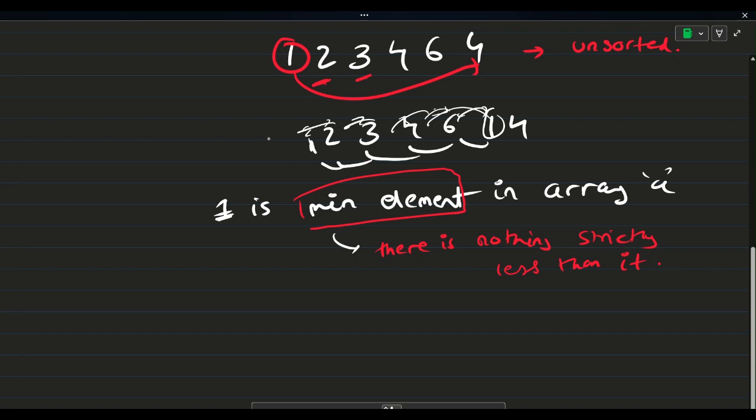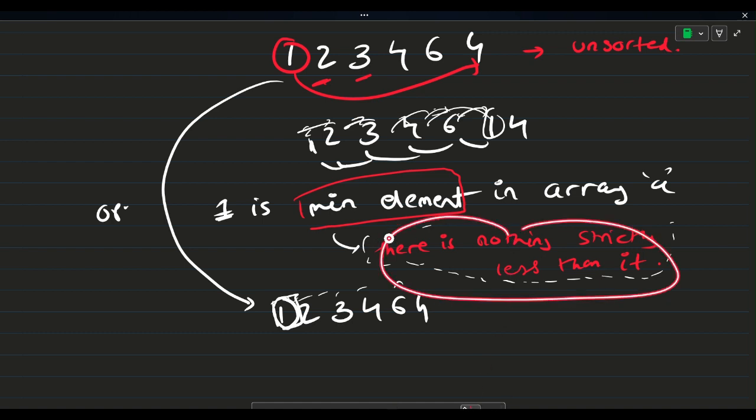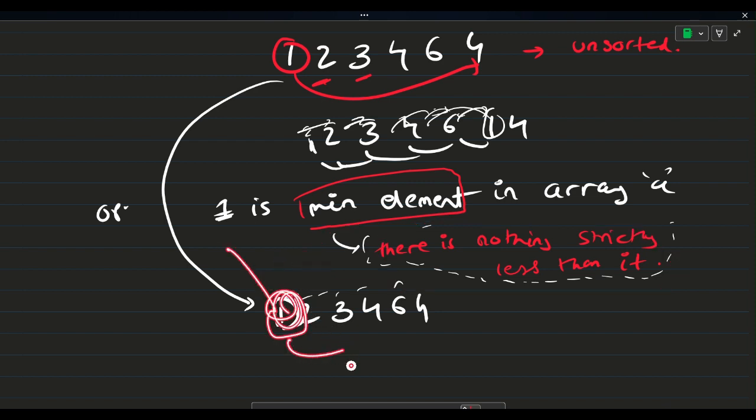That would mean after performing the operation again, the array would again look something like this, right? The 1 would get swapped again and again, and it would return back to position 1 because it is the minimum element of the array and nothing is strictly less than it. So 1 would come back to its original position, right?